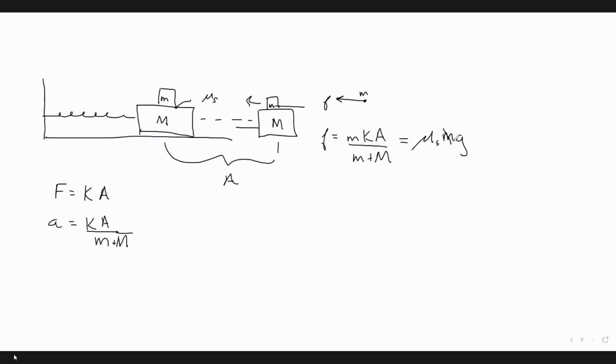So these m's cancel, and the maximum amplitude that I can have is going to be mu s g times little m plus big M over K. Because my maximum acceleration, and therefore my maximum frictional force, is going to occur when the force is maximum, which is going to be right here at the maximum amplitude.